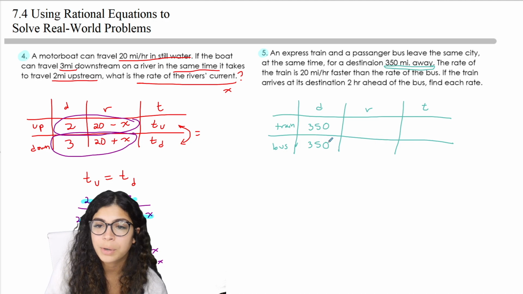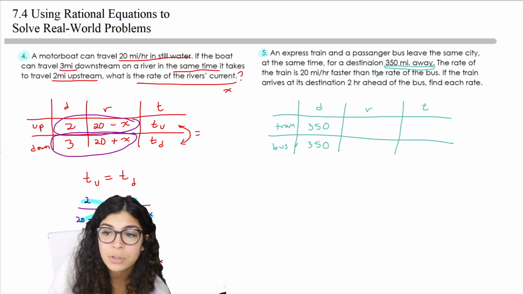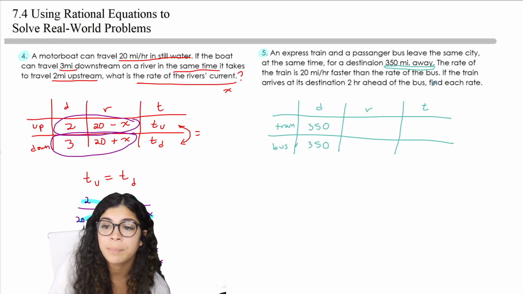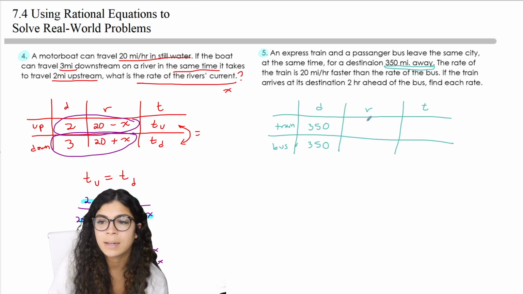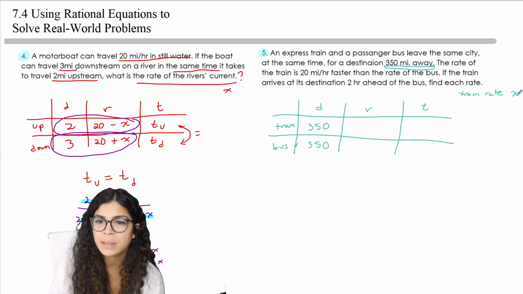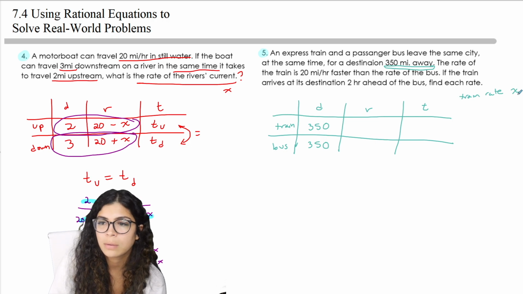The rate of the train is 20 miles per hour faster than the rate of the bus, okay? So the rate of the train, whatever that is, I don't know what that is, right? Let's go ahead and just say the train rate. Let's make that one x. I could have made the bus rate x, but I'm just going with the rate of the train.